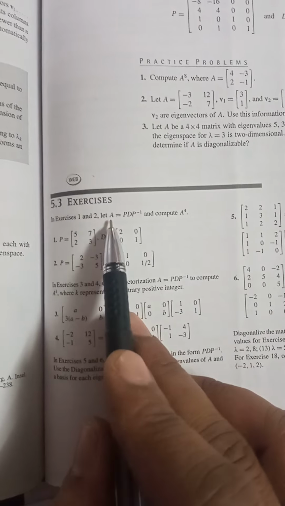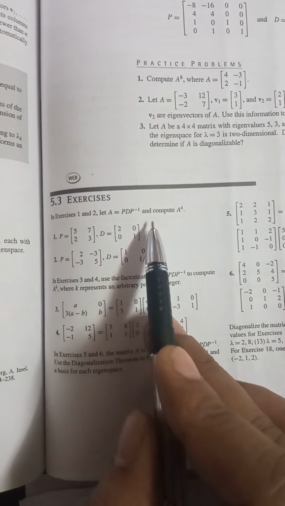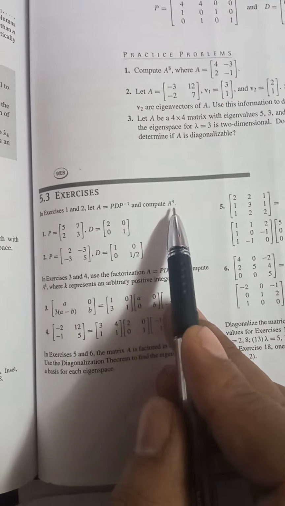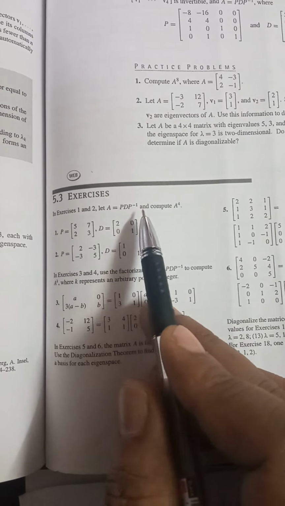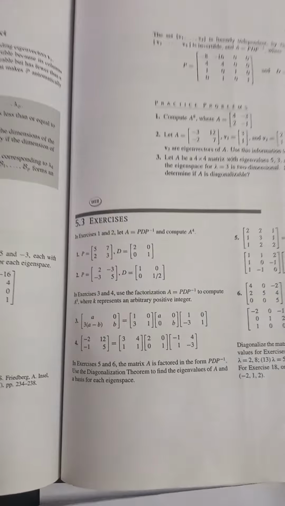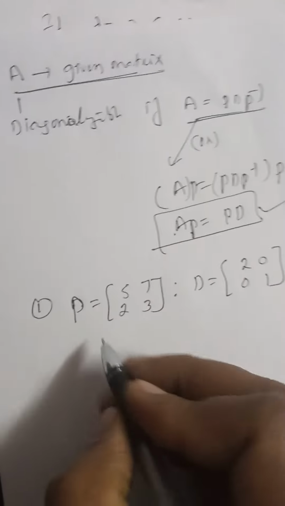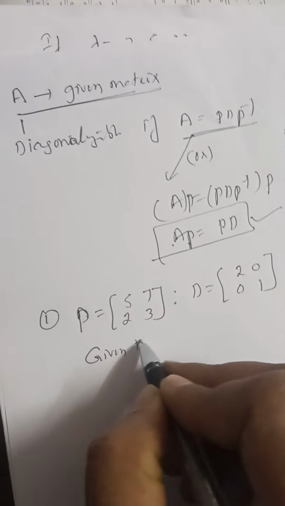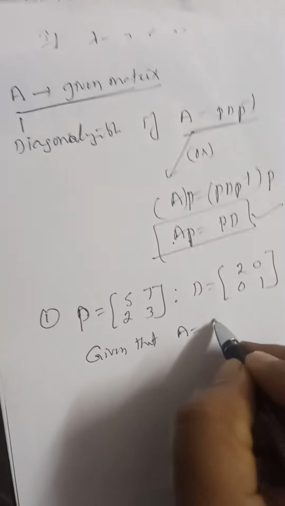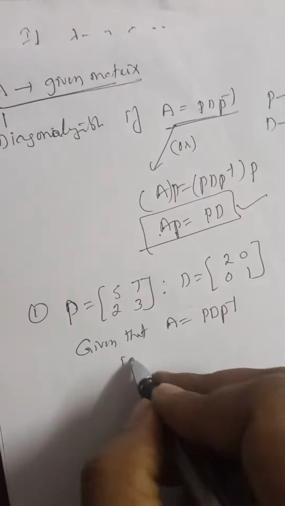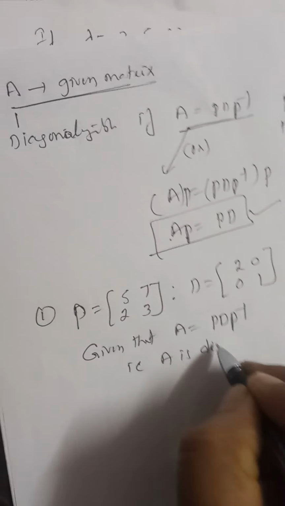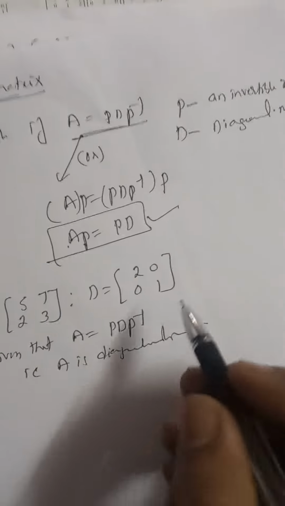A is equal to P D P inverse means what? A is diagonalizable. Right?